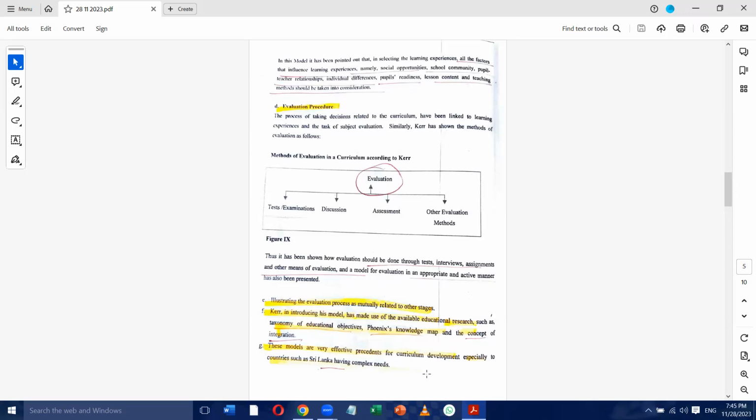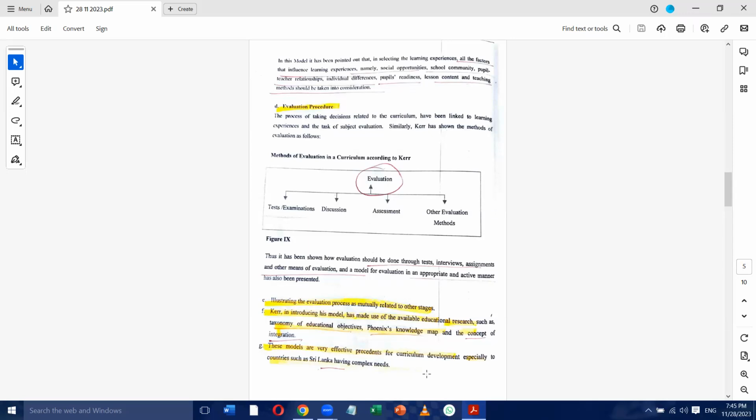So while discussing itself, you can simply evaluate the students, right? And it's not going to be a burden to the students. Even the students will like this setup. When compared to written examination, discussion is most welcome by the students, because they can express themselves and they don't feel it's a burden.